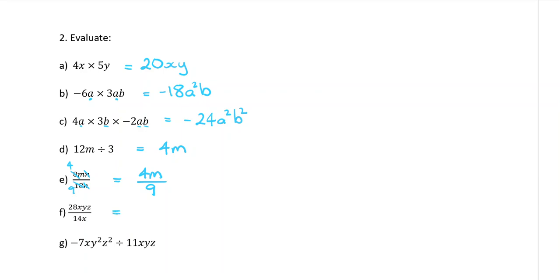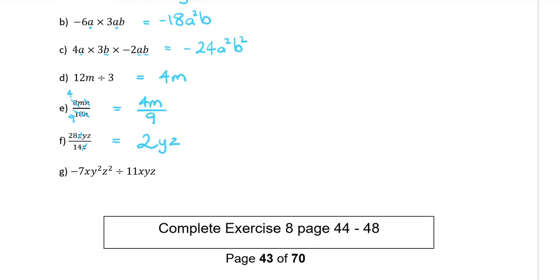So let's try f. 28 divided by 14 goes exactly 2 times. The x will cancel the x, and so I'll have a y and a z remaining. And for g, minus 7 divided by 11, that's not going to work.